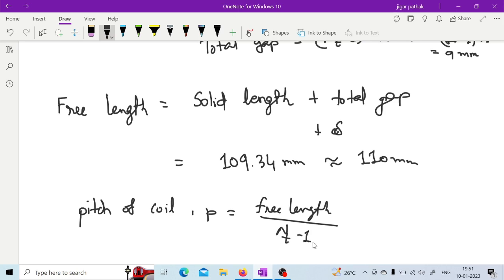Remember, this also we have discussed. So you can consider this actual length what you have received here, right? So this is 109.34 divided by 10 minus 1, that is 9. 12.2. Anyone else?